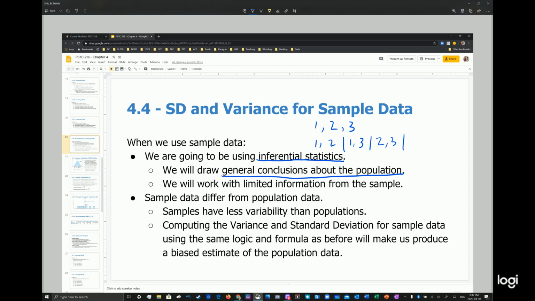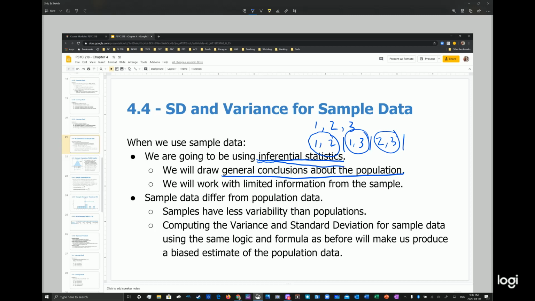But anyway, if I grab any 2 of these, again, I'm not grabbing everybody. And so, because we're working with limited information, the best we can do is make inferences. And if the sample is representative, then we can make more accurate or more logical conclusions about the population. So we will be working with inferential statistics.